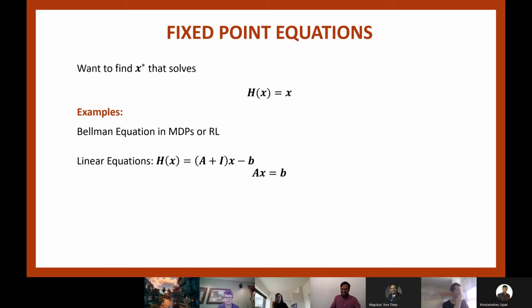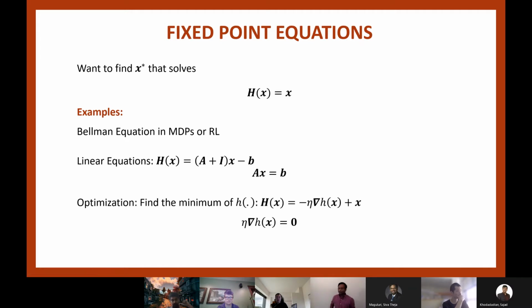But suppose it is linear, then solving for this fixed point equation is same as solving linear set of equations. So the canonical form of a linear system of equations is Ax equal to b. And if I define my H to be a linear operator of this form, (A plus I) times x minus b, I is an identity matrix, then solving H(x) equal to x is same as this because you can cancel x on both sides.